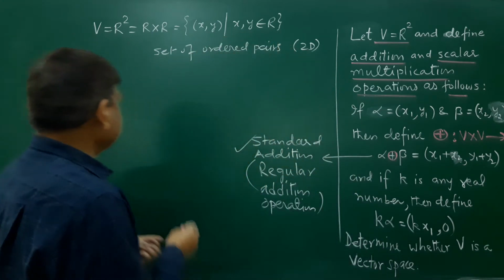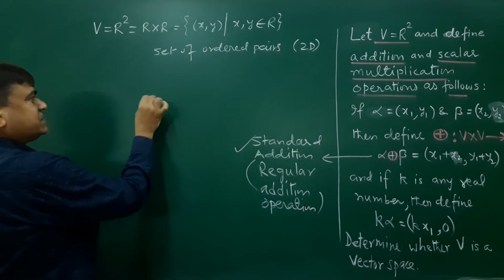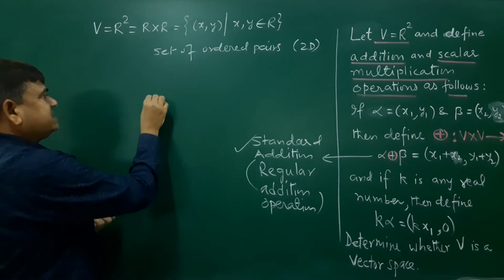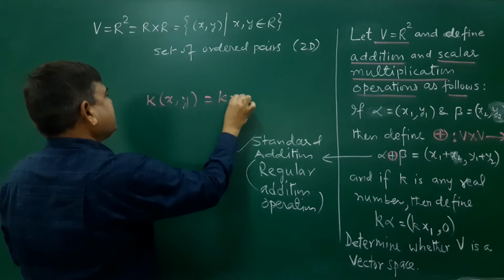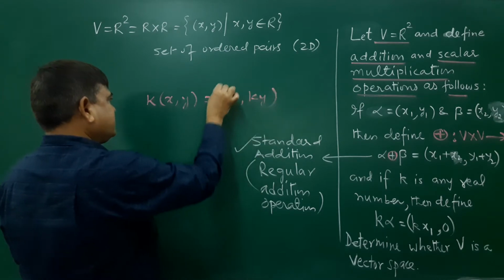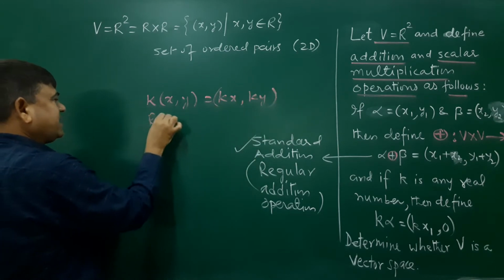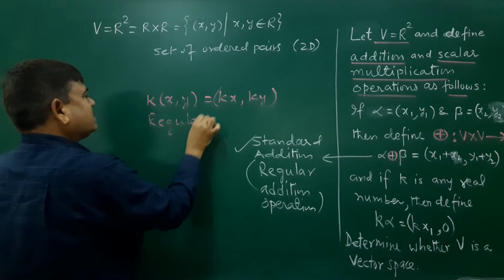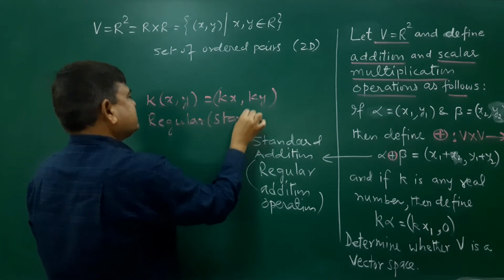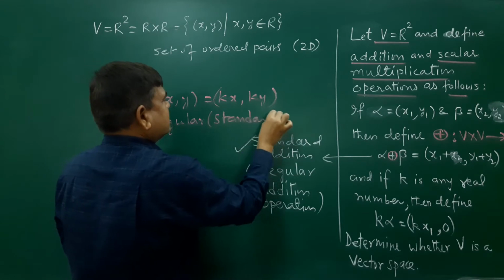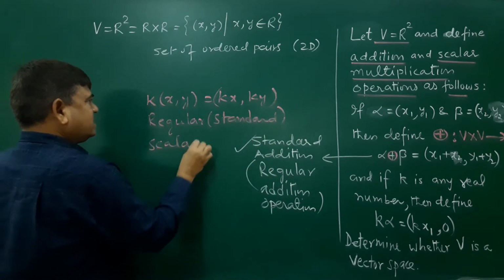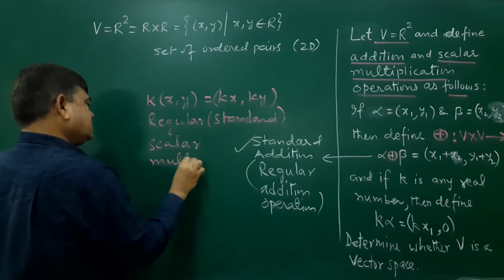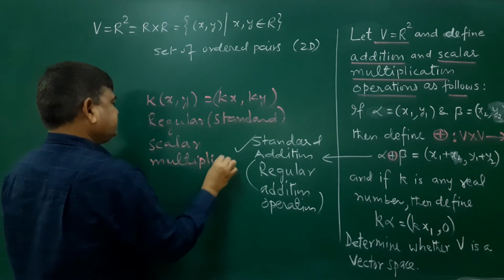Yesterday, if you remember, any constant, suppose I write k and this is x comma y, then we write this is kx, ky. This is regular, or I can say standard, scalar multiplication.